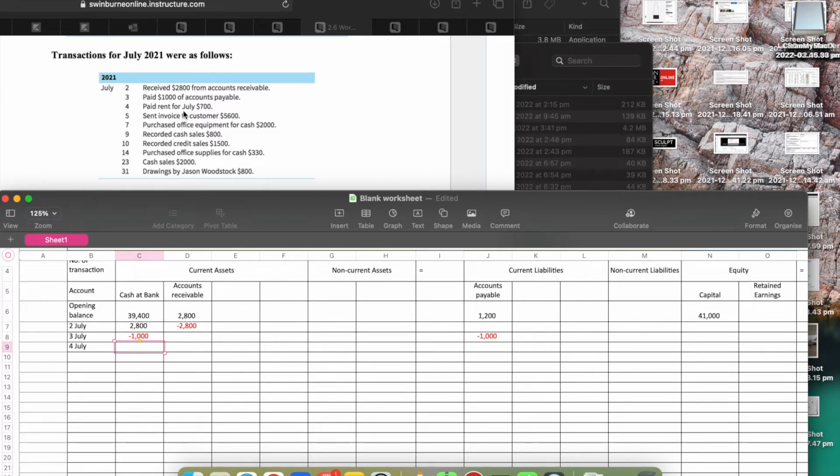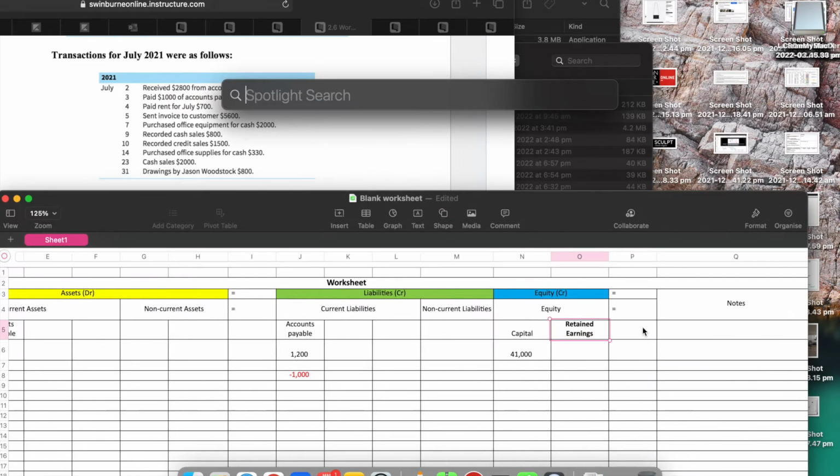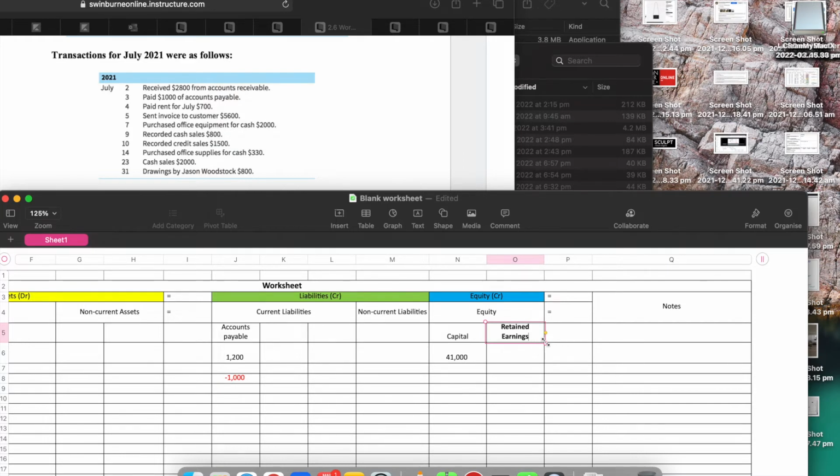Okay, next one here. Paid rent for July of $700. So again, we're paying something, it's money going out the bank. $700. Okay, now, this is another piece of information here. So this retained earnings thing, I'm going to make a note here, retained earnings, RE, is basically your profit and loss statement.